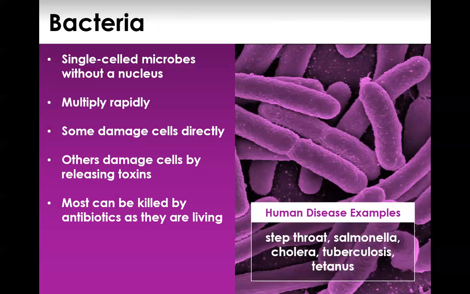The thing with bacteria that you have to understand is that they're single-cell organisms. They don't have a nucleus. They do rapidly multiply, and some of them may damage cells directly. Some can release toxins, and antibiotics are what we use to treat patients that have a bacterial infection.